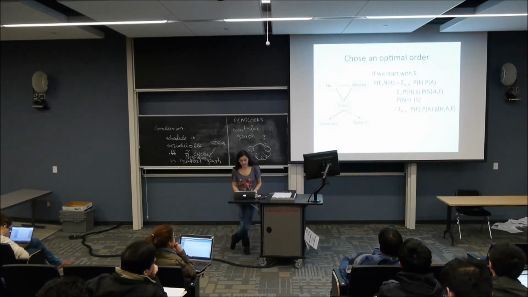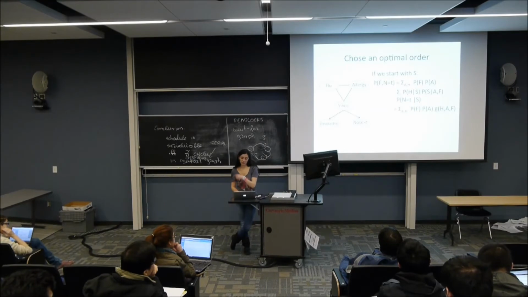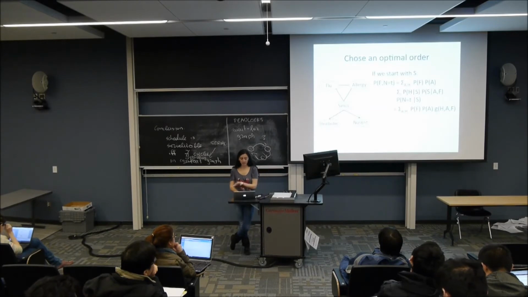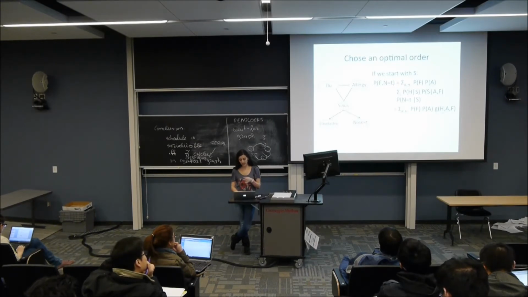So let's say I start with S. If I'm starting with S, then if we look at the probability distribution from before, these are the terms that contain S. And so if I marginalize S, I'm going to obtain a function of three variables H, A, and F. Okay?